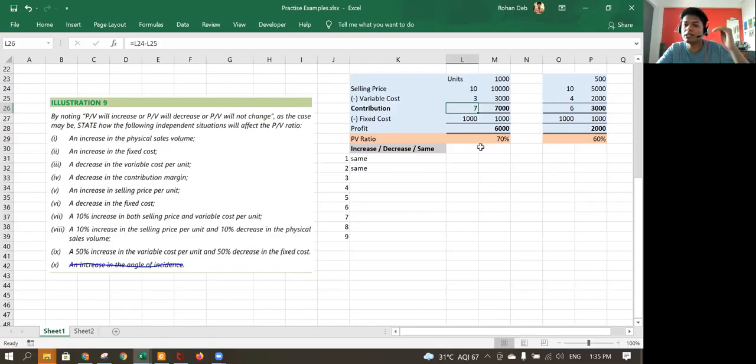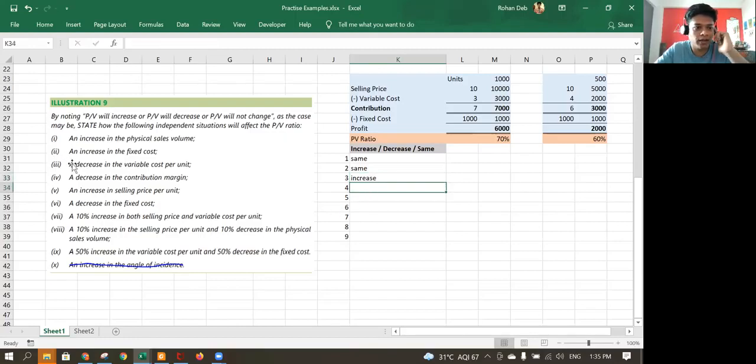Contribution increasing means PV ratio increasing. What is the numerator? Numerator is contribution, denominator is selling price. If the numerator increases, PV ratio will increase. If the denominator increases, PV ratio will decrease. So here my variable cost is decreasing, so my contribution is increasing, so PV ratio increases. I know you on the other side of the screen are saying, okay Rohan, we understood, move ahead.